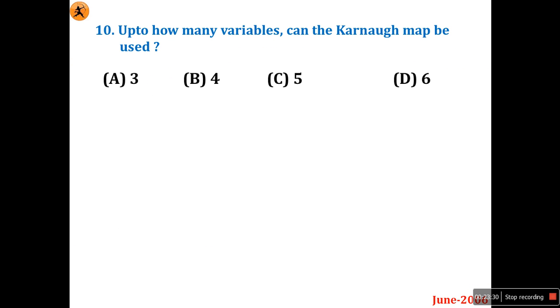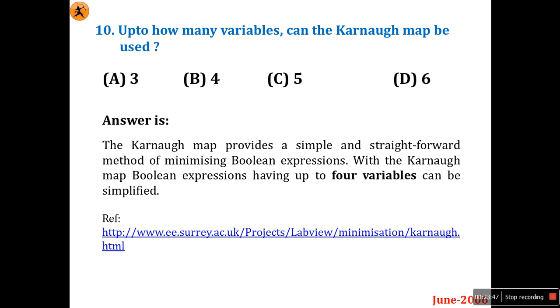Up to how many variables can the Karnaugh map be used? How many variables can be represented in a K-map? This is very popularly used in digital computer organization and architecture. The Karnaugh map provides a simple and straightforward method to minimize Boolean expressions, with Boolean expressions having up to 4 variables.